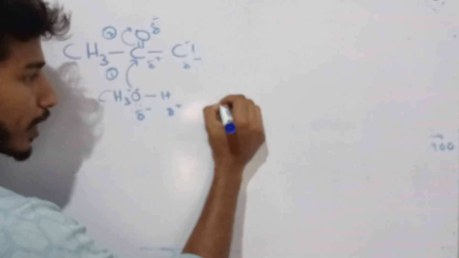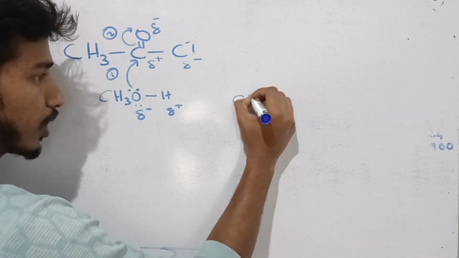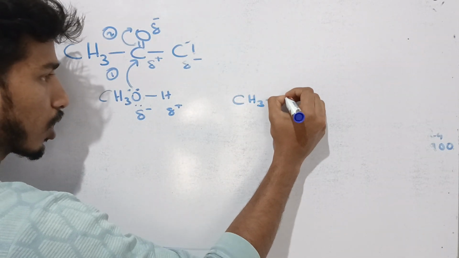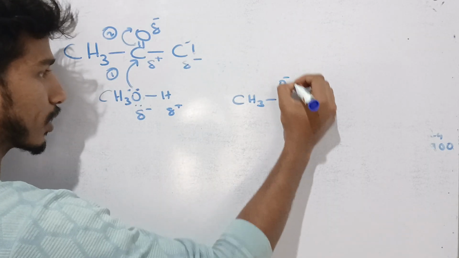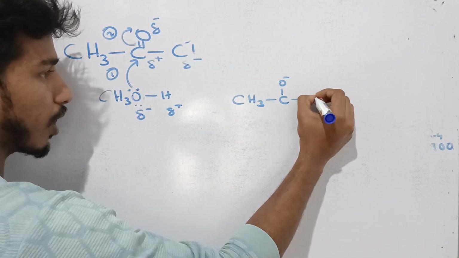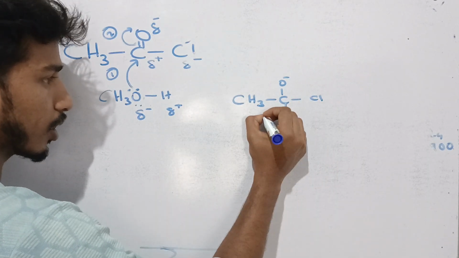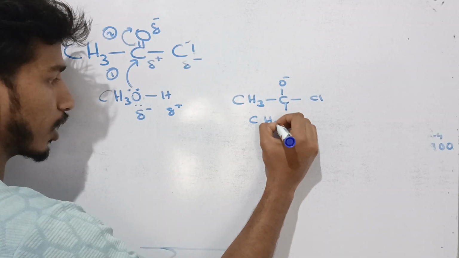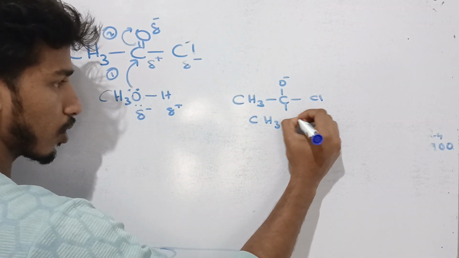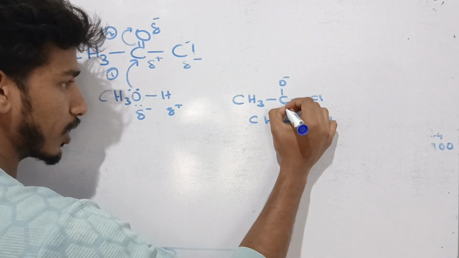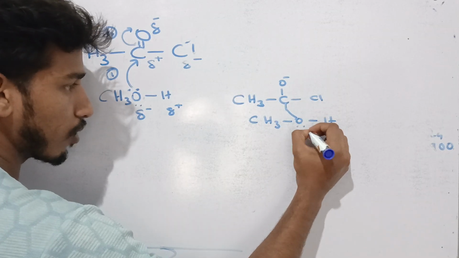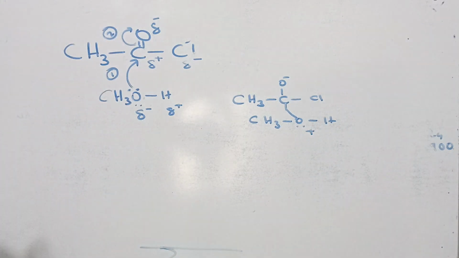So we will eventually get CH3 carbon and O minus, and then we have a chloride, then CH3 oxygen with a hydrogen, and this is bonded to the oxygen, which causes a positive charge on the oxygen.